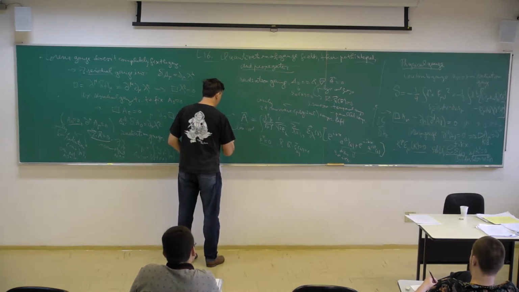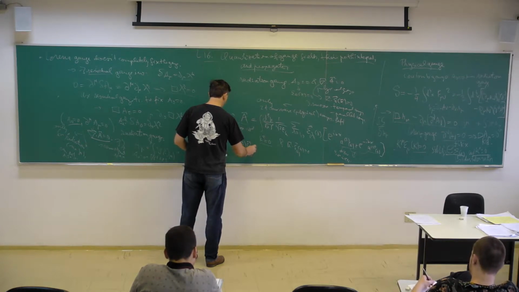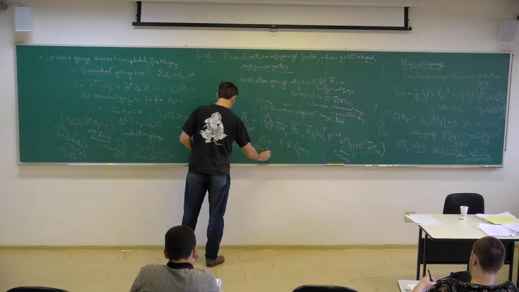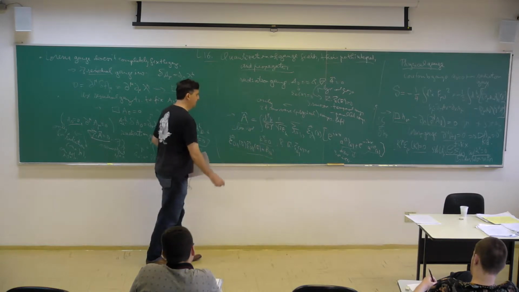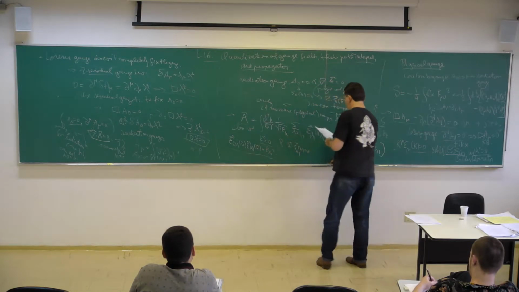That is to say, epsilon_lambda of k dot epsilon_lambda' of k is equal to delta_lambda lambda'. Right?